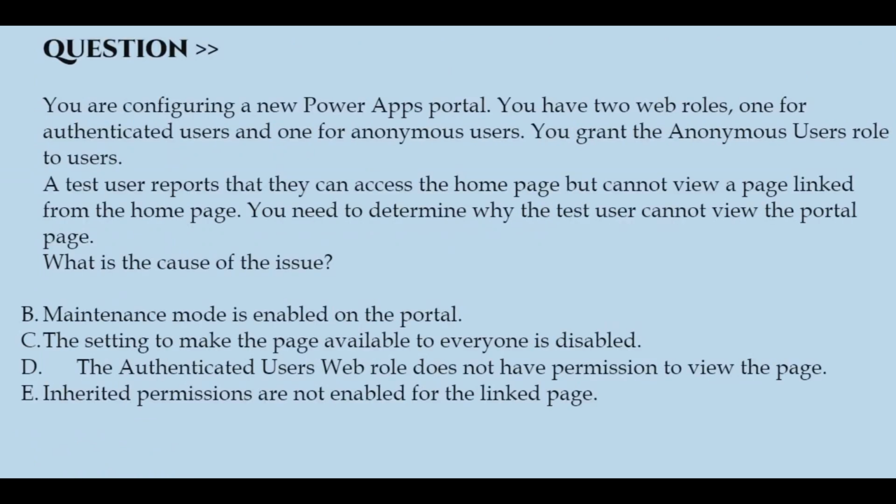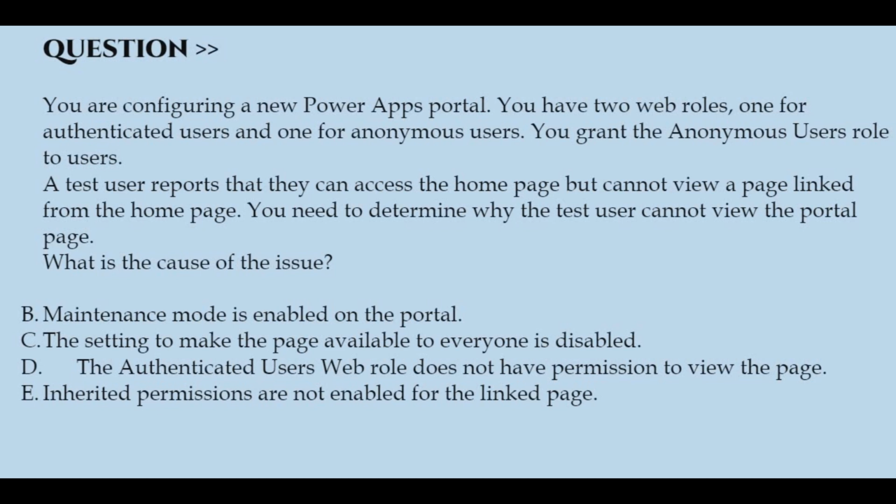Question is, you are configuring a new Power Apps portal. You have two web roles, one for authenticated users and one for anonymous users. You grant the anonymous users role to users. The test user reports that they can access the home page but cannot view the page linked from the home page. You need to determine why the test user cannot view the portal page. What is the cause of the issue?